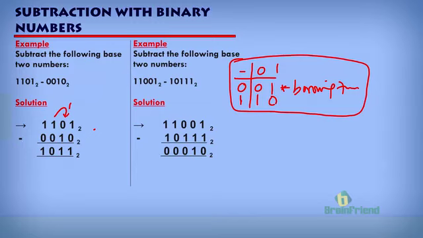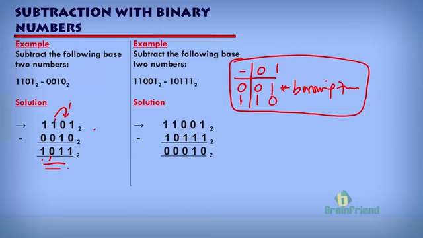When we bring 1 down here, we have a full circle. So the full circle minus 1 gives us 1. When we borrow from our 1 here, we have 0 left. So 0 minus 0 gives us 0. Then we have 1 minus 0 gives us 1. So we have 1011 base 2 as our answer. Hope we are following. Okay?